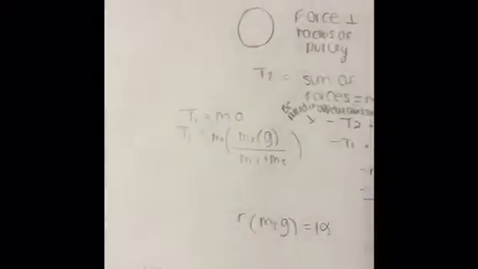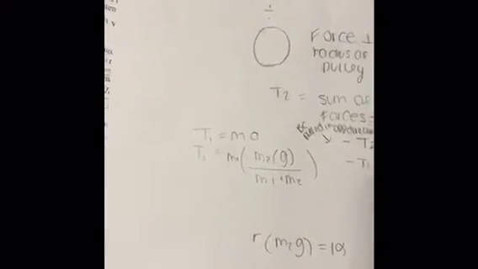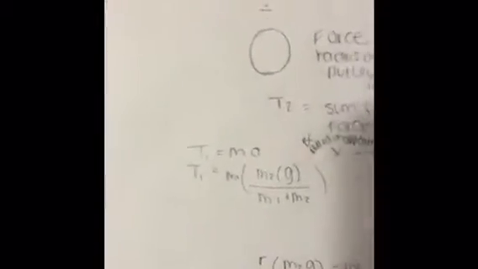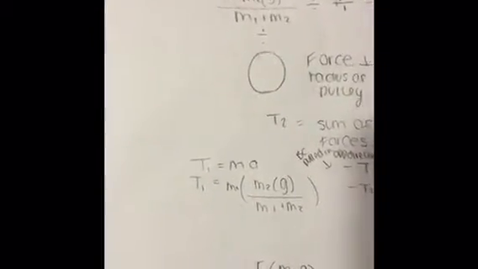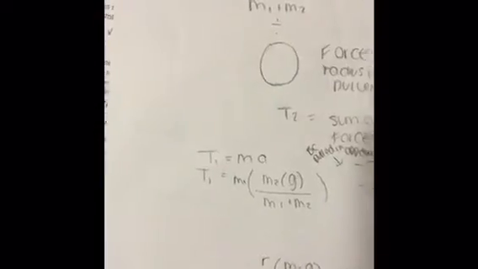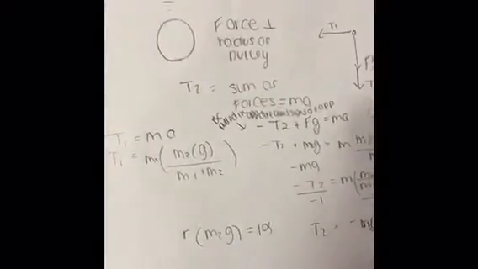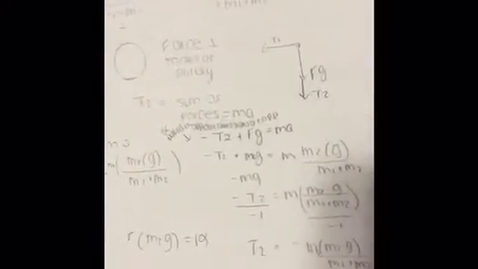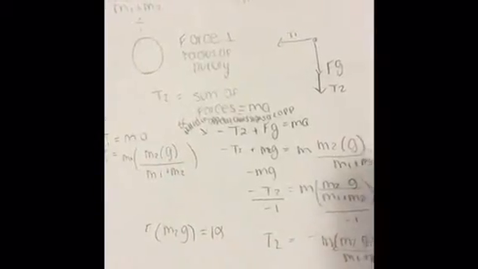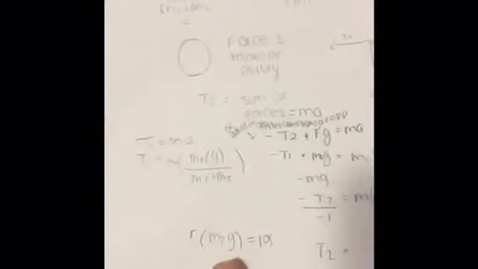So T1 is going to equal M1 times m2g divided by m1 plus m2. And when we subtract those, that's how you get the overall force, and you end up getting m2g.